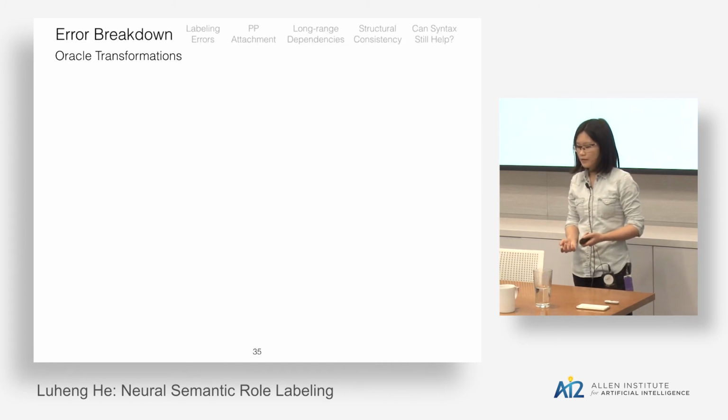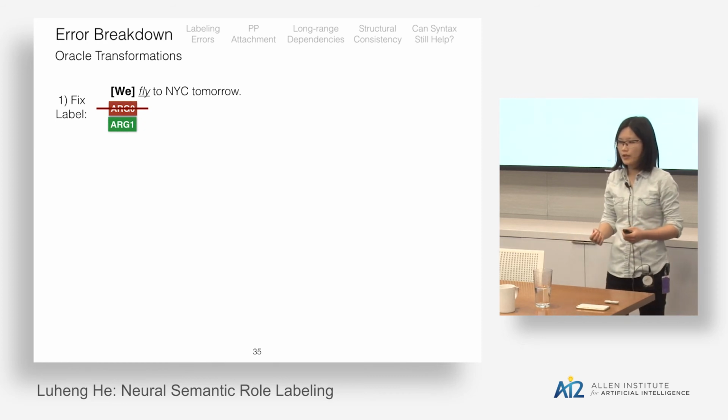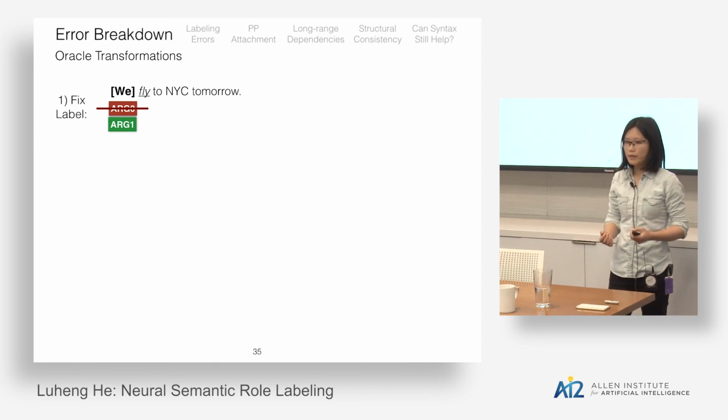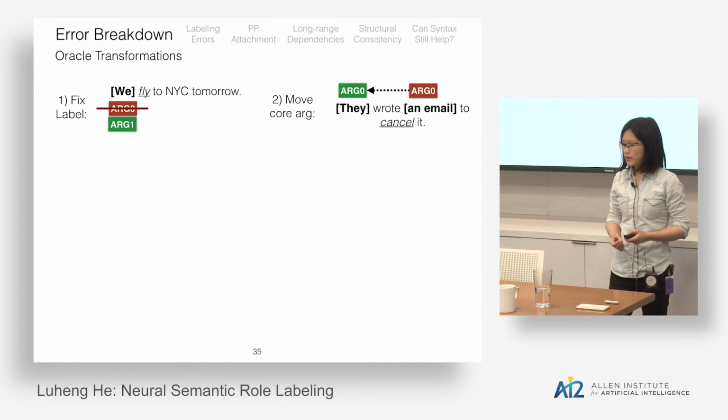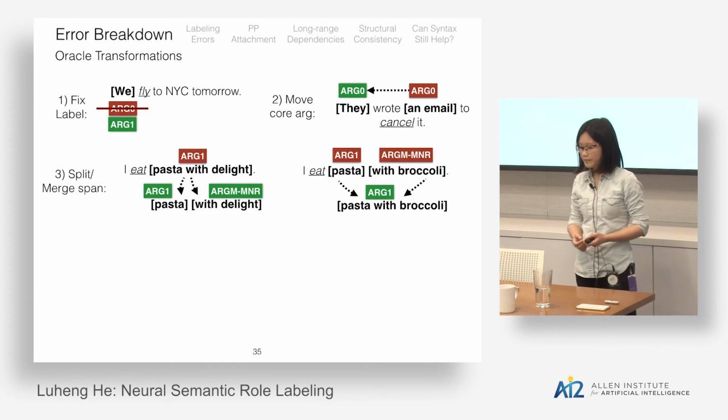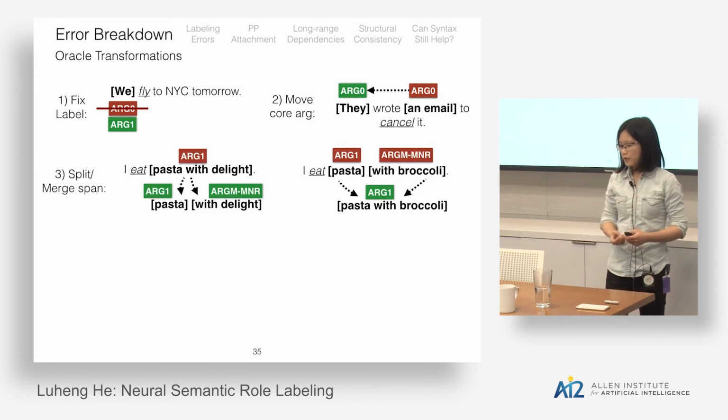So we define a set of oracle transformations. The first one is that when we see a predicted argument has the correct boundary but the wrong argument label, we fix this label to the gold. And if we see core arguments in the wrong place, we move them to the correct position. For the next one, we can split a predicted argument into 2 gold arguments if they are consecutive to each other.